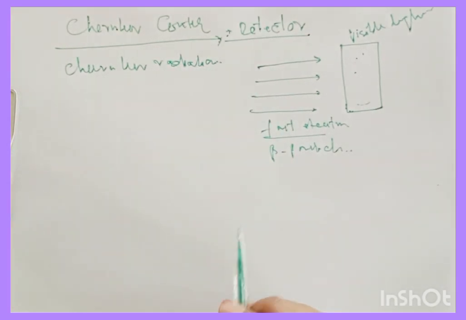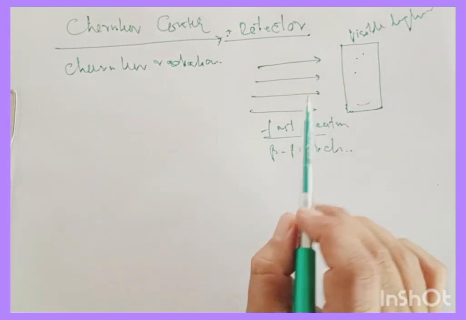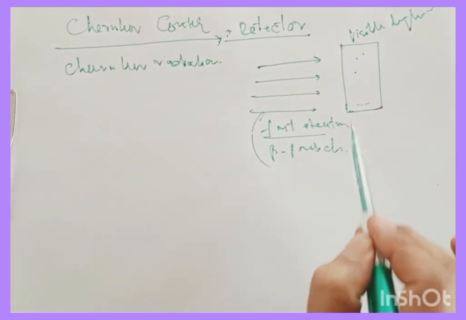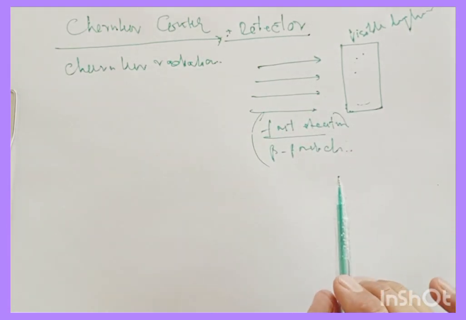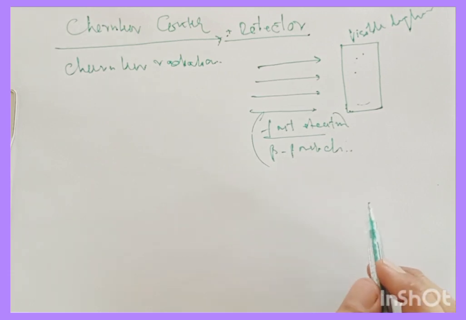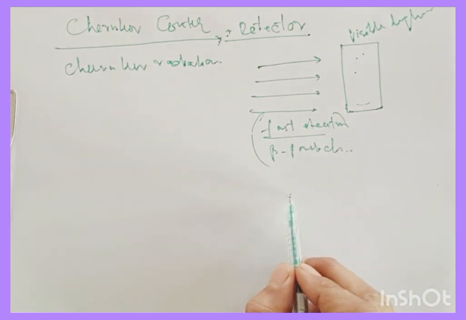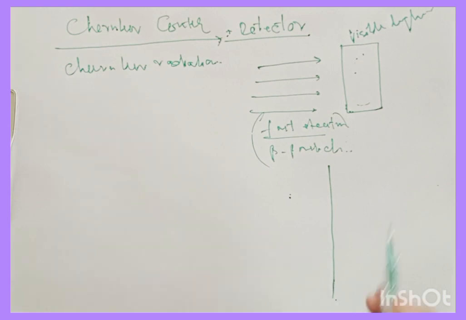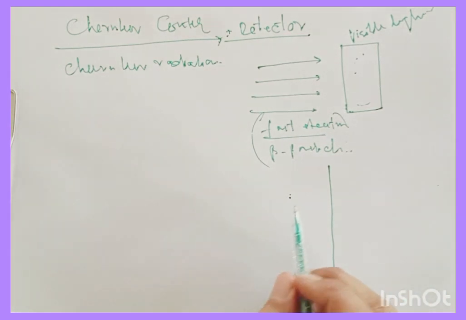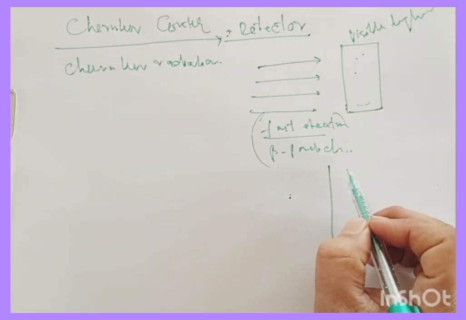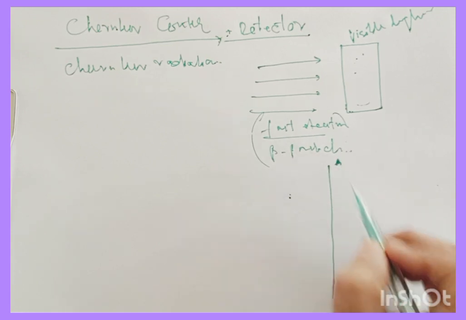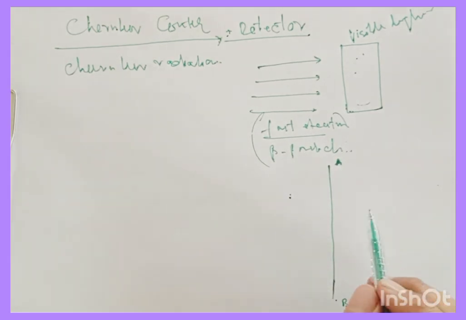Now, if I assume that a beam of particles, which I chose as beta particles, is incident normally on a thin sheet, which I'll call AB, the beta particles are incident on this thin sheet of transparent medium.